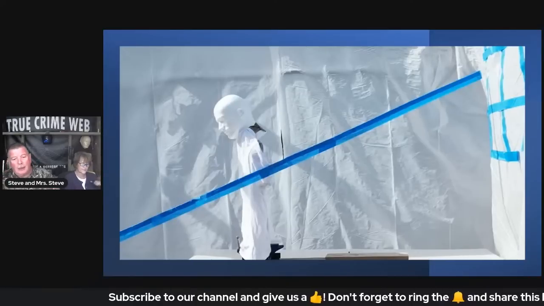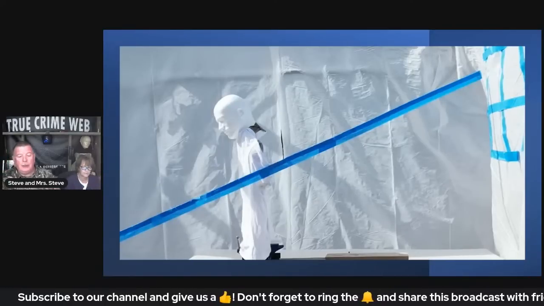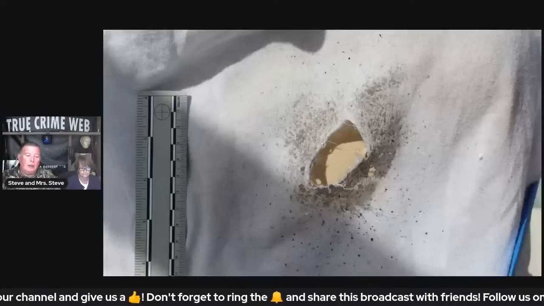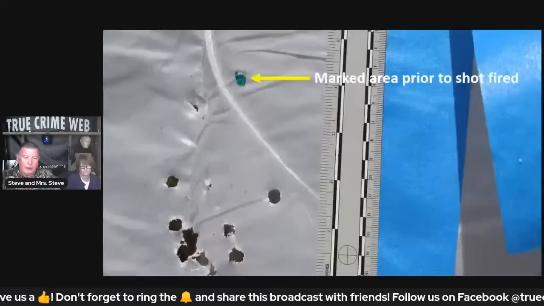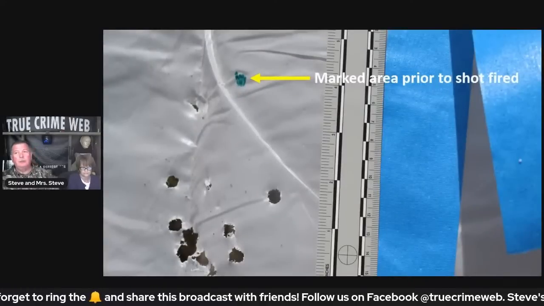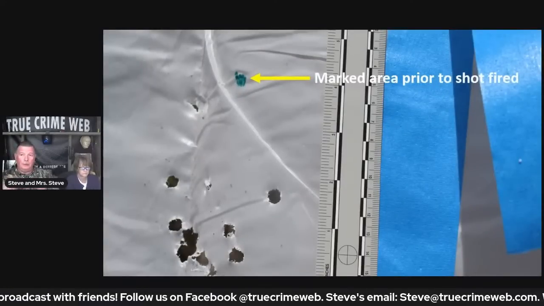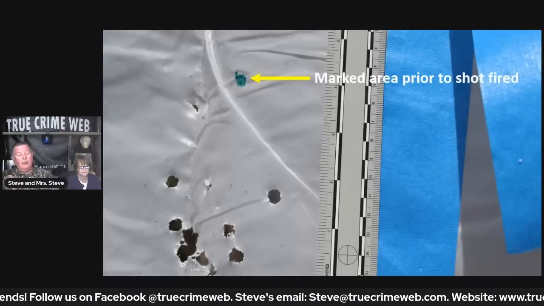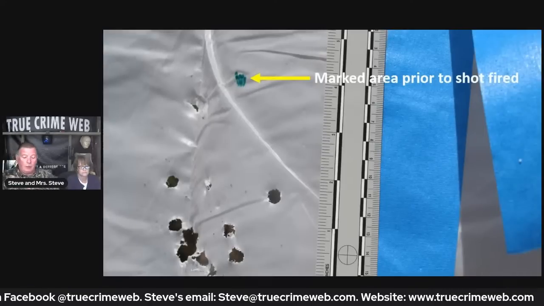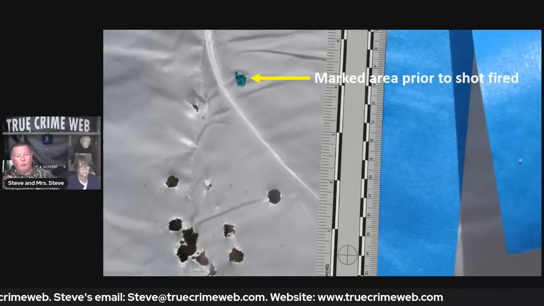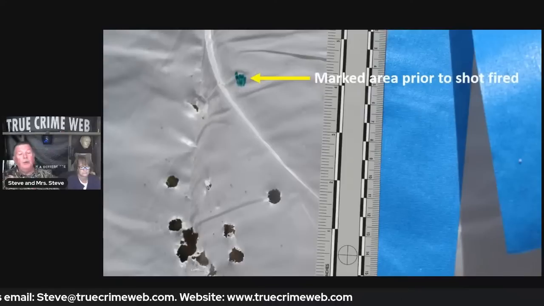And so I was able to take the shotgun and put it at close range, and I was able to shoot through the torso of that 5'7" mannequin in a chest shot, and I had marked the window pane that's over his shoulder with a marked area prior to the shot.